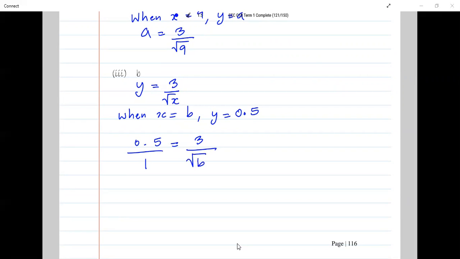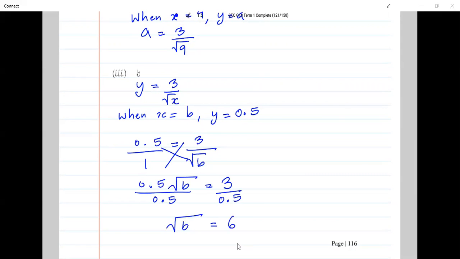If I have one fraction equal to one fraction, I'm going to cross multiply. So 0.5 times the square root of b is equal to 1 times 3, which is 3. Then I'm going to divide both sides by 0.5.